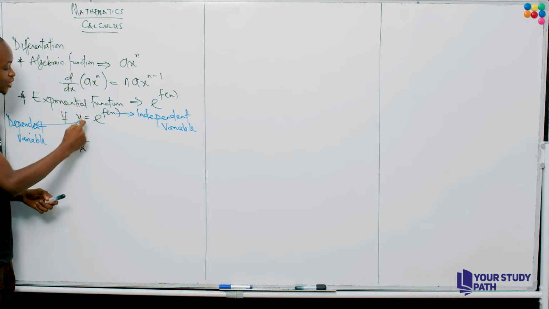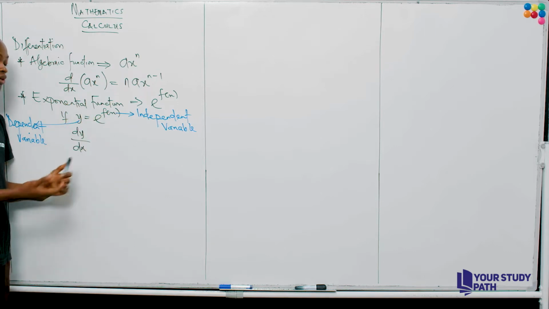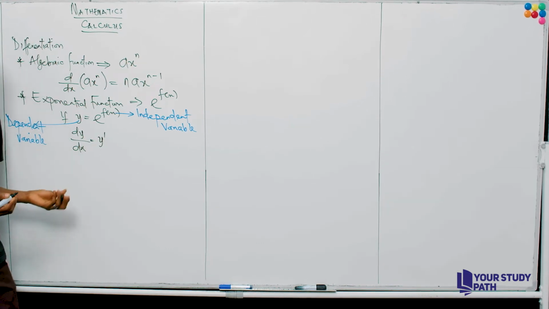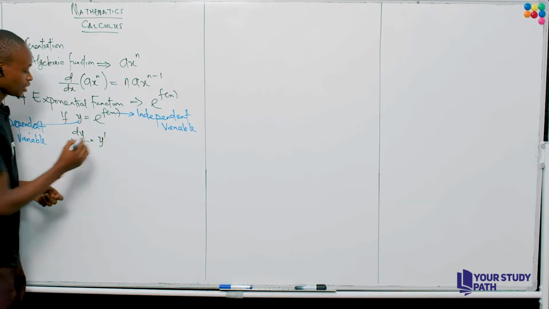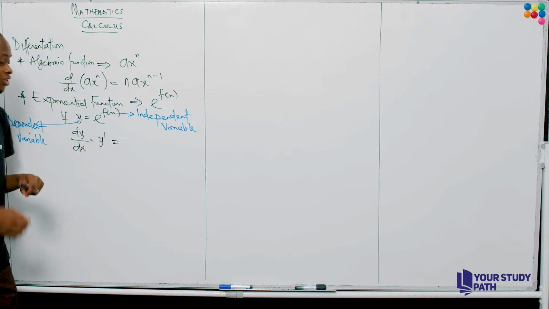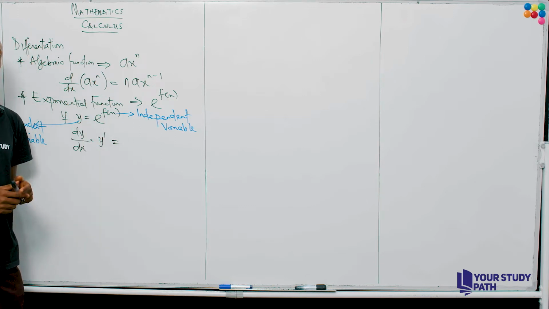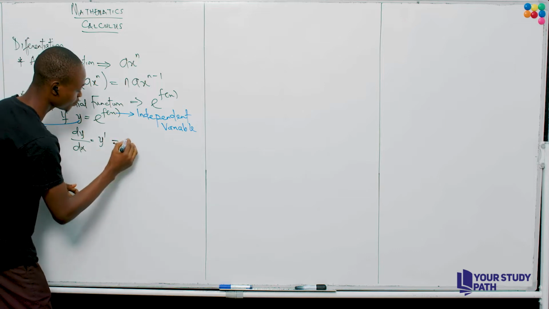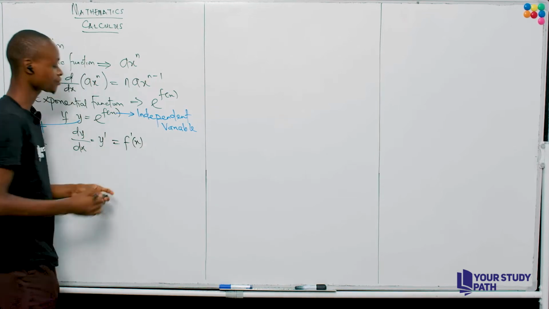Now, we can differentiate y with respect to x, written as dy/dx, or sometimes written as y prime. So you can see it in different forms like this. Now, what would that result be in terms of this exponential function? What the exponential function just simply tells you in simple detail is differentiate the power. Now, when you differentiate the power, that is f of x, it gives you f prime of x.